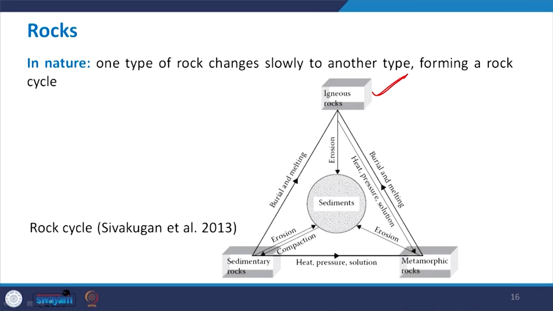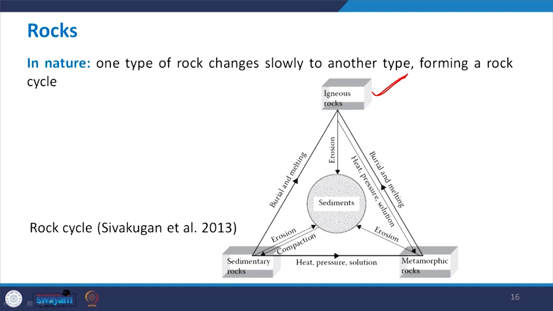Now, in nature what happens is one type of rock slowly can get changed to the other type and it forms a rock cycle. So, that is the definition of the rock cycle that I am trying to explain to you with the help of this figure. Let us say that igneous rock is there.